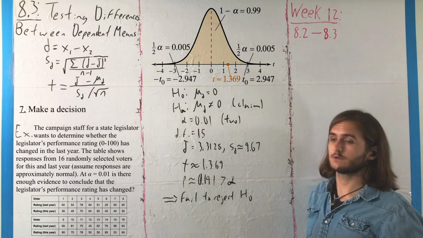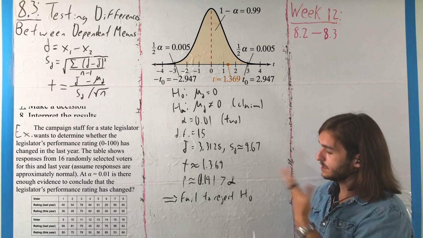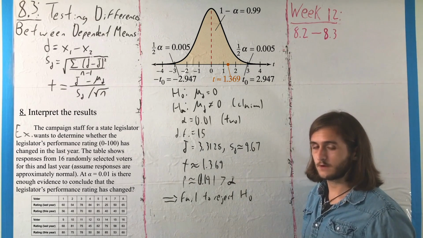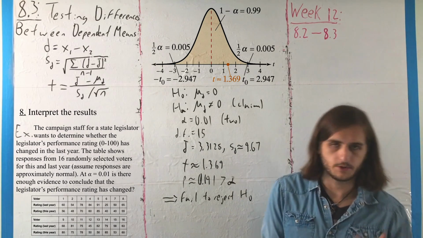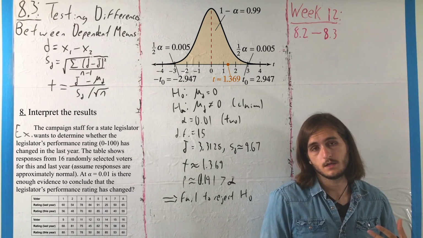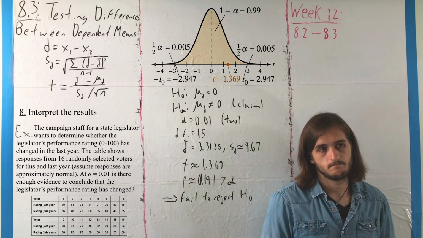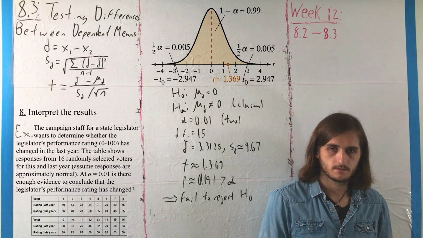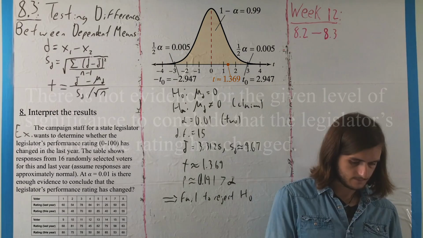So, because we are failing to reject our null hypothesis, because that is our p-value as gotten through some form of t-test computation, whether you use table, calculator, whatever it is that you happen to prefer, the final thing we're going to end on here would be something to the effect of: there is not enough evidence for the given level of significance to conclude that the legislator's performance rating has changed.